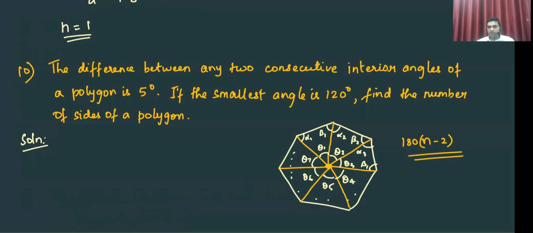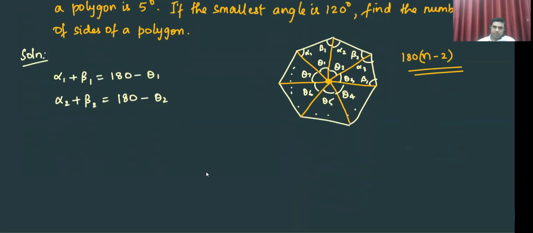Now what happens? Alpha 1 plus beta 1 is 180 minus theta 1. Now alpha 2 plus beta 2 is 180 minus theta 2, correct?